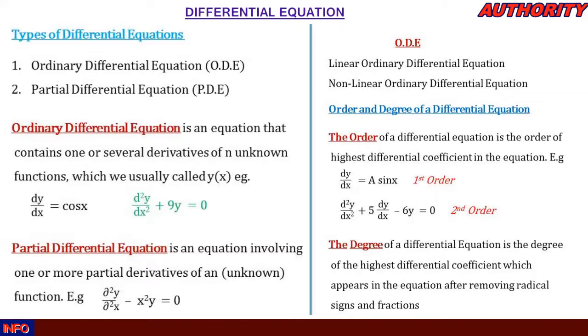When you figure out the highest derivative in any differential equation, you can simply put it in brackets and ask: does it have any power? Is it power 1, 2, 3, 4, 5, or an exponent? That power simply means the degree of that differential equation.